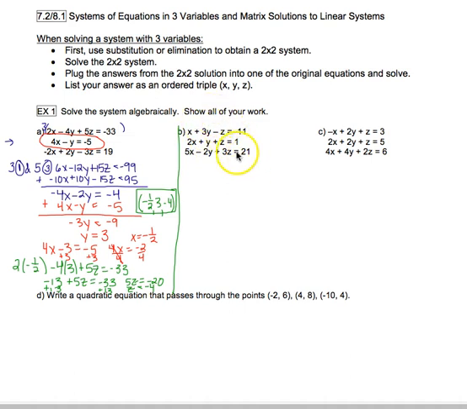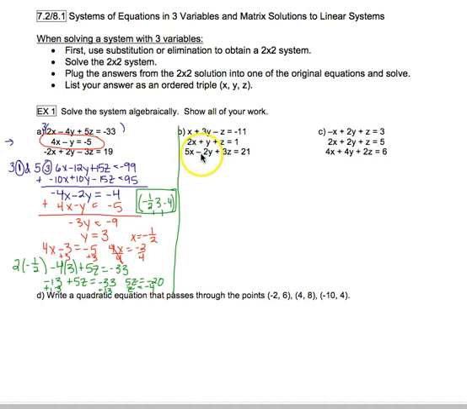So on this next one, we are going to solve, and notice that I don't have what I have in A. I don't have an equation that already has a variable eliminated. So that means I'm going to look and decide which variable might be the easiest to get rid of.